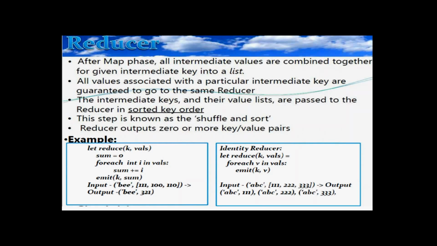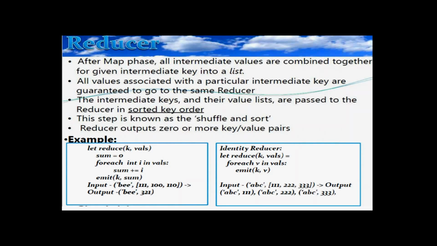Based upon the length of the word, I can specify in the program and route the output to those reducers. So that is again a different concept. I'll discuss that second point later.